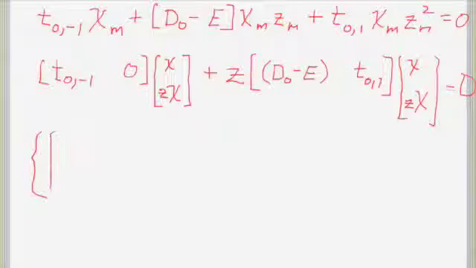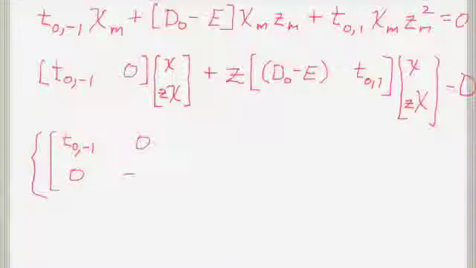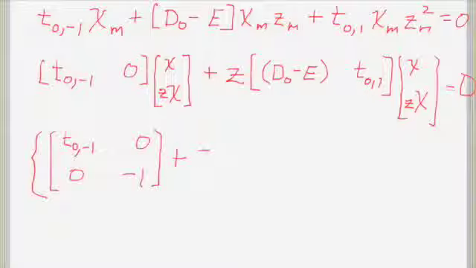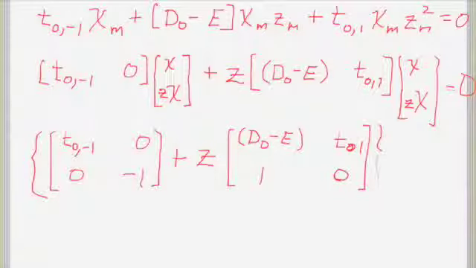So I have the matrix T0,-1, 0, 0, -1, plus Z times the matrix D0 minus E, 1, T01, 0, acting on my column vector chi, Z chi, equals 0. And this is a generalized eigenvalue equation for Z.